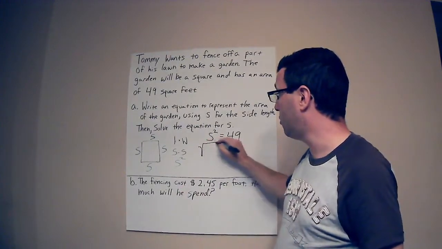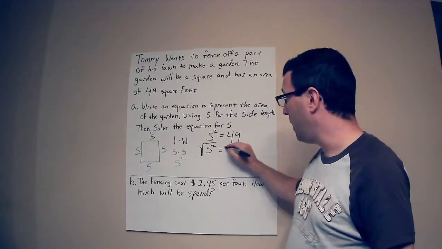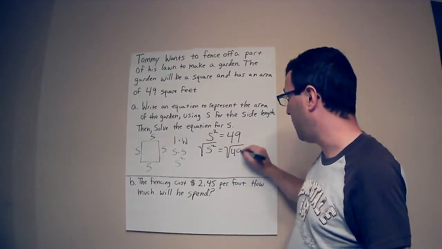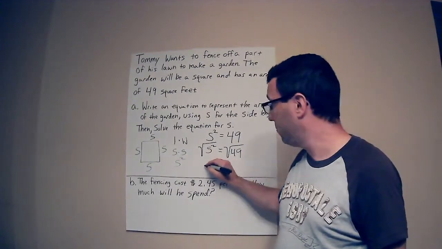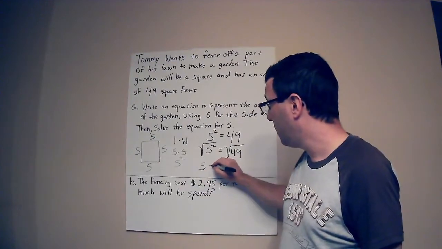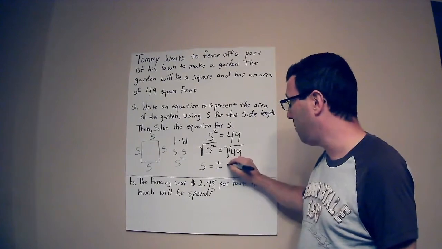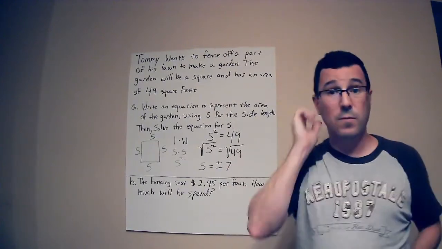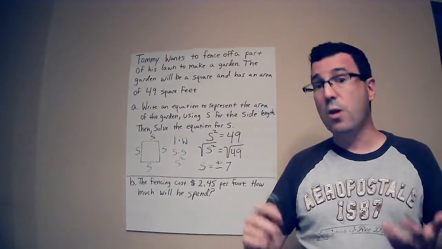We're going to take the square root of S squared, and we're going to take the square root of 49. Square root of S squared is S. And the square root of 49 is plus or minus 7. Now, we're dealing with a real world thing.